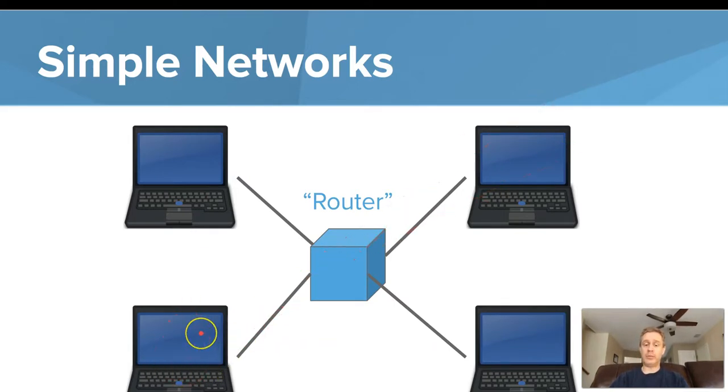If I'm on this computer here and I want to send something to that computer there, that can be done by sending that information to the router and telling the router, hey, send that information to this computer there, and the information is sent. Likewise, if we have information in this computer up on top and want to send it to that computer down there, we send that information to this router, which then sends it to this computer there. And so this router helps with connecting these 4 computers.